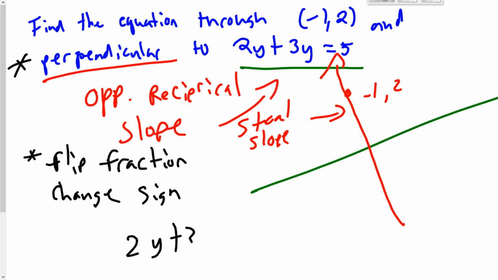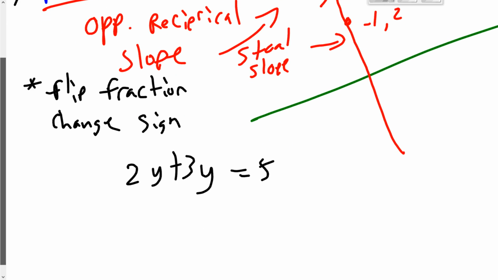Okay, so let's go ahead and steal this slope. 2x plus 3y equals 5. So you notice this standard form has a positive x and no fractions, right? That's how standard form always has to be. So we need to put this in slope-intercept form, so we subtract 2x.